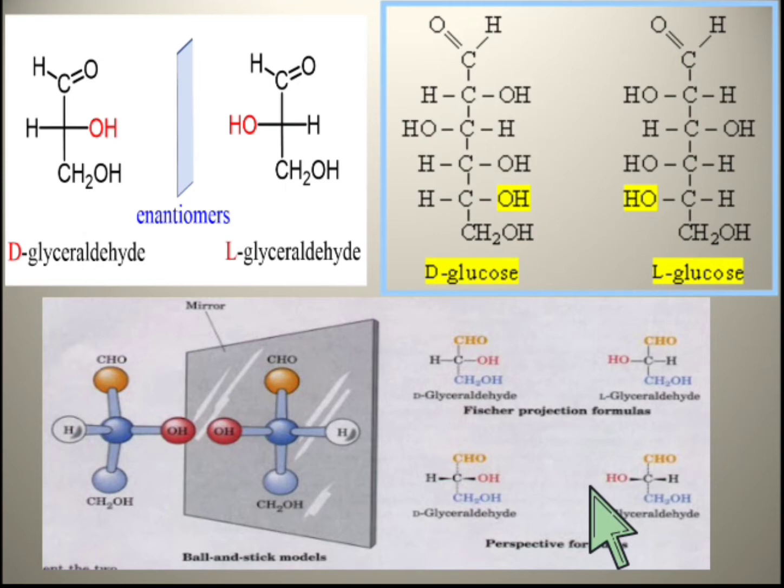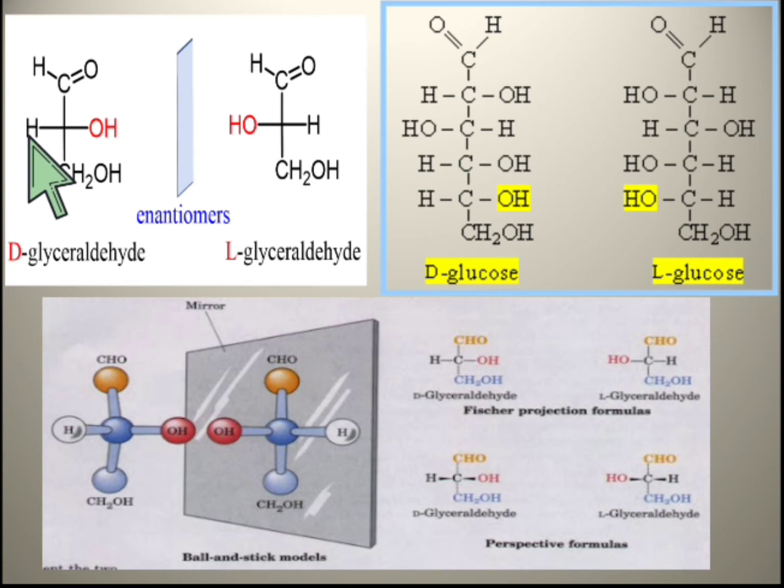So for example, here in this case, you can see this is referred to as D-glyceraldehyde. Why? If you see here, this is the chiral carbon atom, because it is attached to 4 different groups: the hydrogen, the OH group, and this group. And why it is a D form?